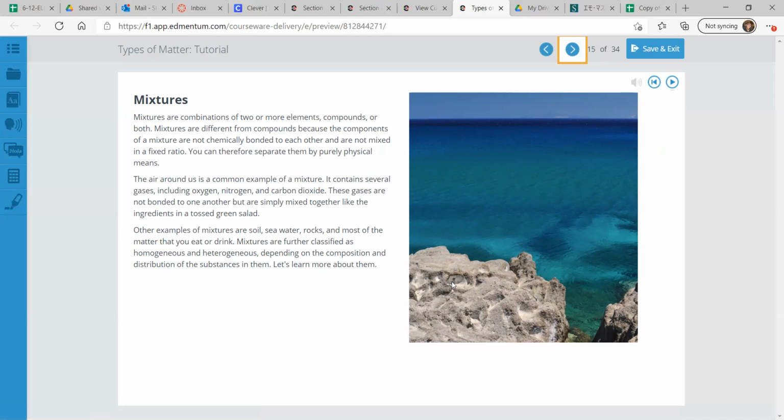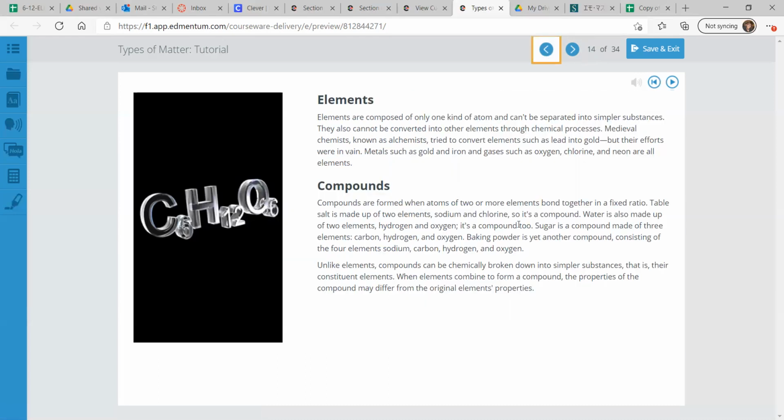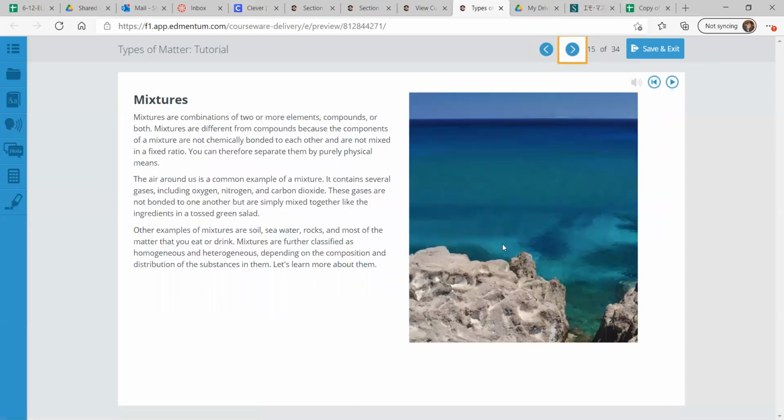And they are not chemically bonded to each other and are not mixed in a fixed ratio. These can be separated by purely physical means. So compounds are chemically bonded atoms, and they can be separated through a chemical process. Mixtures are not chemically bonded, so they have to be separated by purely physical means.